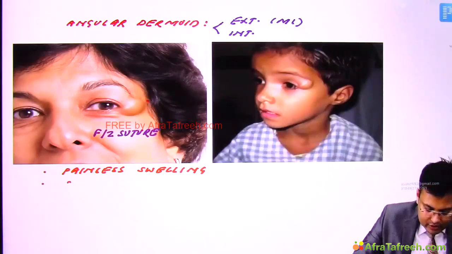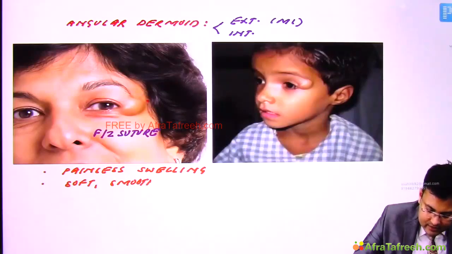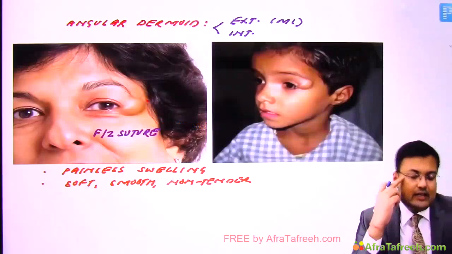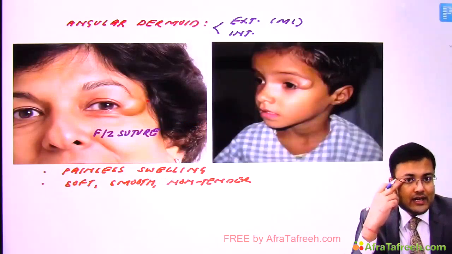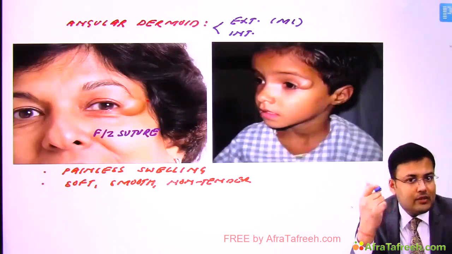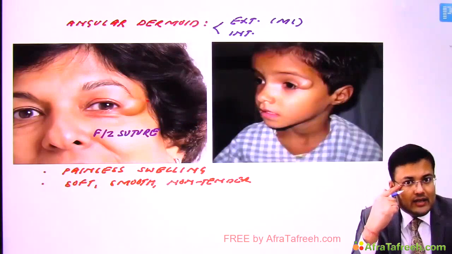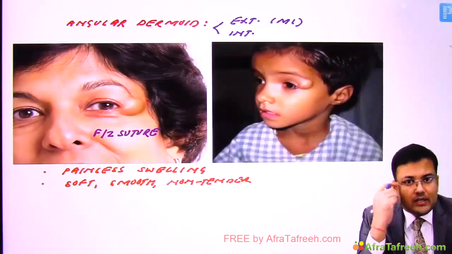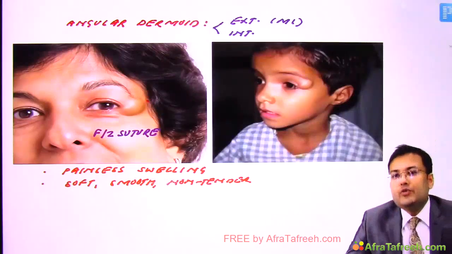It is soft, smooth, non-tender, and fluctuant. Sometimes what's the problem? There is resorption or indentation of underlying bone. So sometimes there is resorption and indentation of underlying bone, and sometimes this swelling is attached to dura.